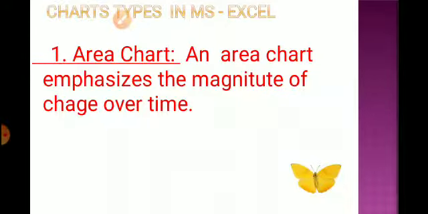Listen children, Excel supports different types of charts that are suitable for different purposes. As I said earlier, Excel explores different chart types. The first one is area chart. An area chart emphasizes the magnitude of change over time. I'll show you the area chart now.